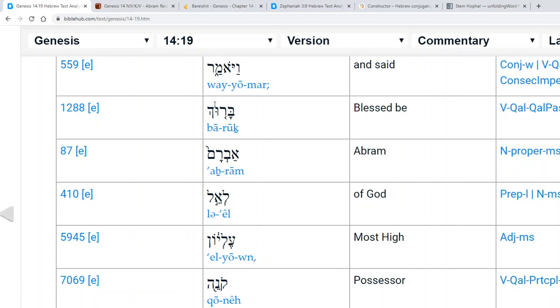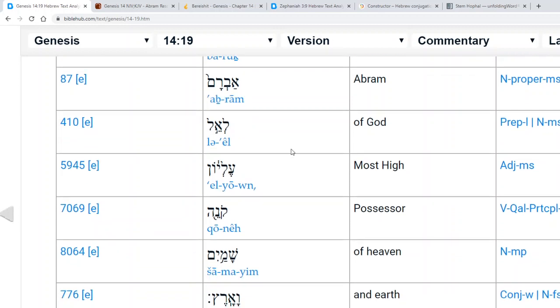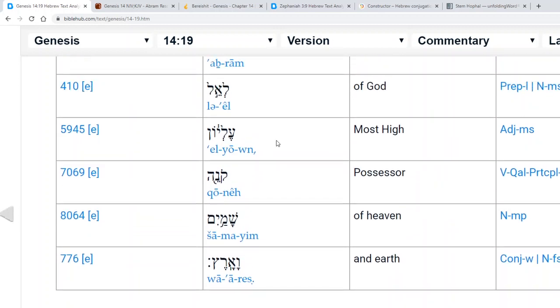Baruch is always written with milui, with the vav. Blessed, Baruch Avram, blessed is, or blessed be. I would say blessed is. Avram is his name, obviously. Le'El Elyon, so prepositional lamed, and again El Elyon, whatever that means, Most High God, I guess.